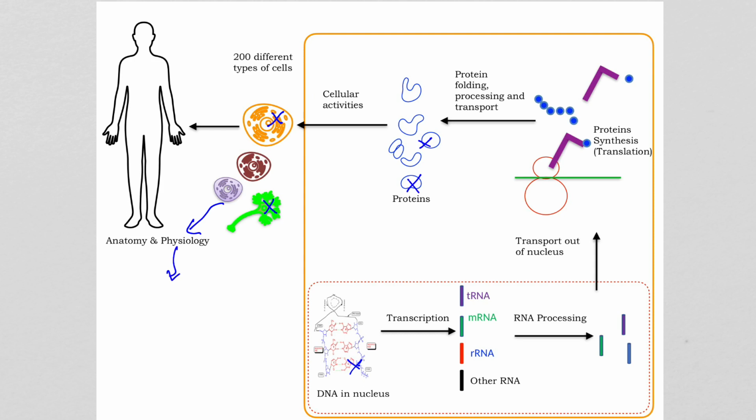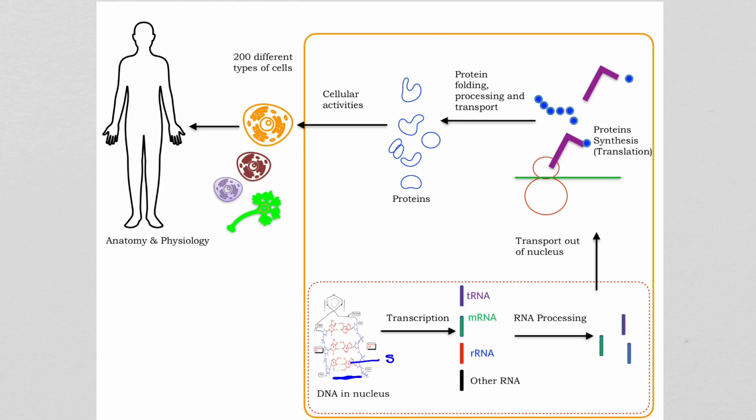And if they are significant, then that might lead to pathology, to a disease. Okay, so very important. You can see the relationship between this DNA information, proteins, and our anatomy and physiology in health as well as in disease. So this information is critical.